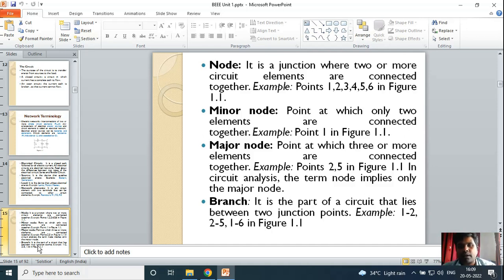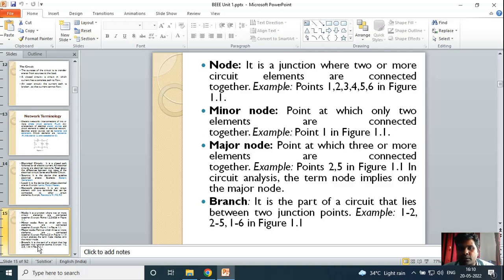Points 1, 2, 3, 4, 5, 6 are indicated as nodes. Points 2 and 5 are indicated as major nodes. 1 to 6, 1 to 2, or 2 to 5, these kinds of paths are indicated as branches.